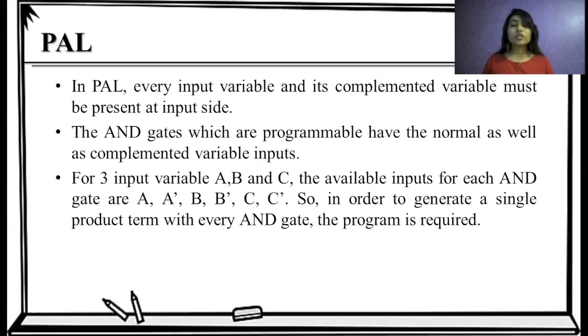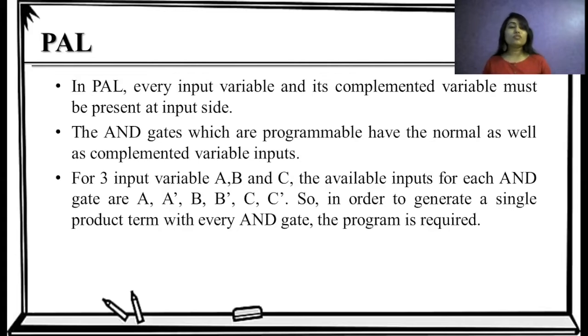So in order to generate a single product term with every AND gate, programming is required. Now whatever inputs we require, we just connect them to the AND gate and the remaining are left unconnected. So we have a product term like this.